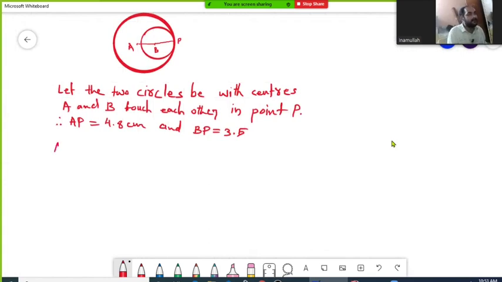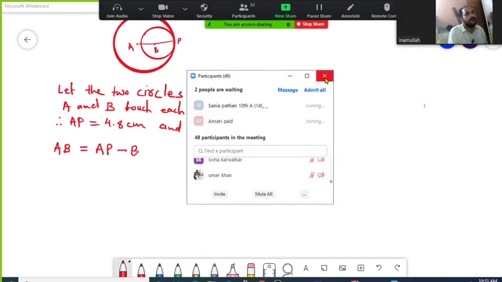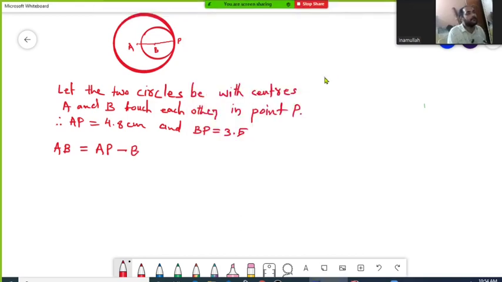So AB is equal to AP, radius of the greater circle, minus BP, radius of the smaller circle. So AP is 4.8 minus BP is 3.5.